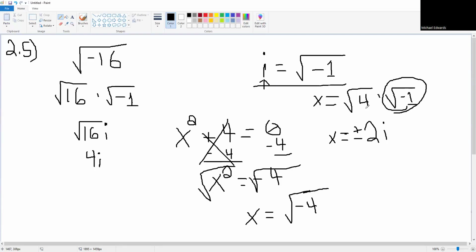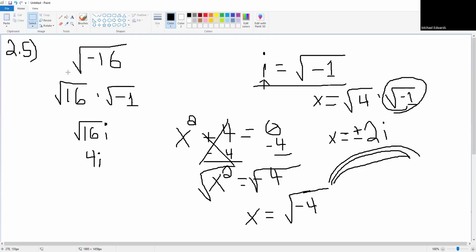And the square root of 4 is just 2. And plus or minus is what we always put when we do the square root of a solution that was equal to 0. So yes, plus or minus 2i. This is imaginary stuff. Imagination.